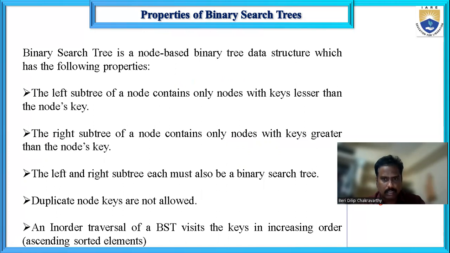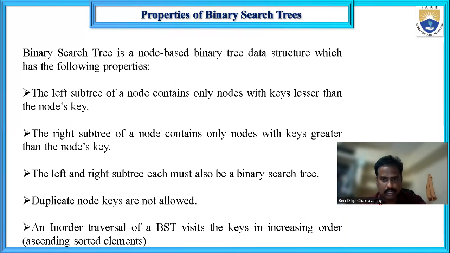Similarly, on the right side, you'll find only keys greater than the root node. And the left and right subtrees each must also be binary search trees.